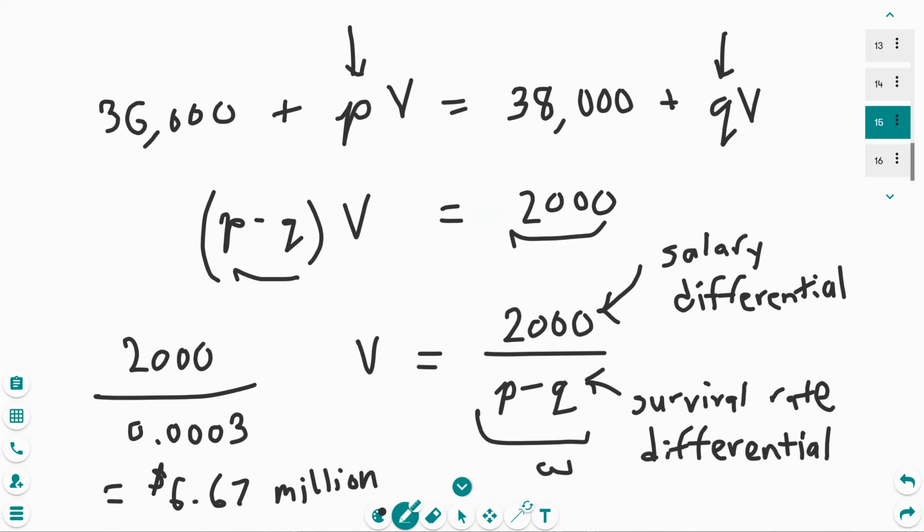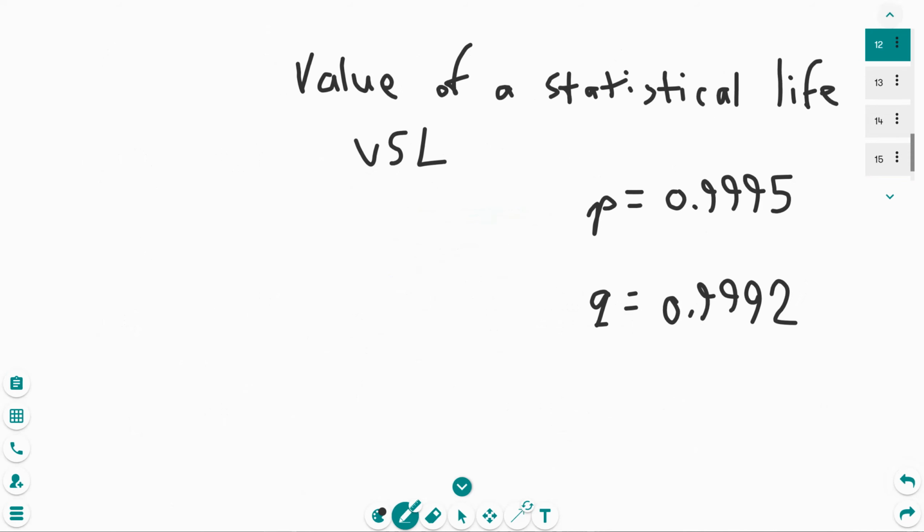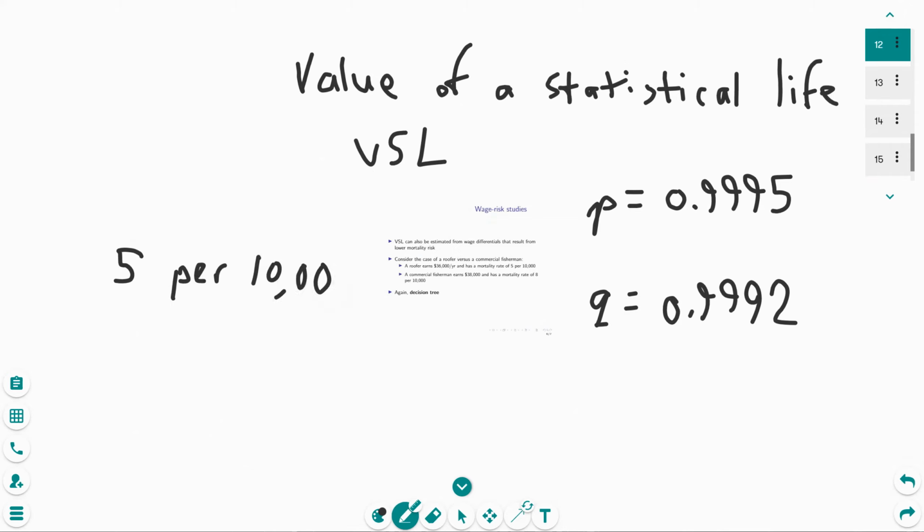So if we look back at this wage study, this case of roofers versus fishermen, we have five deaths per 10,000 as the death rate for a roofer. Let's say that there's one more accident, and now there's 6 per 10,000.